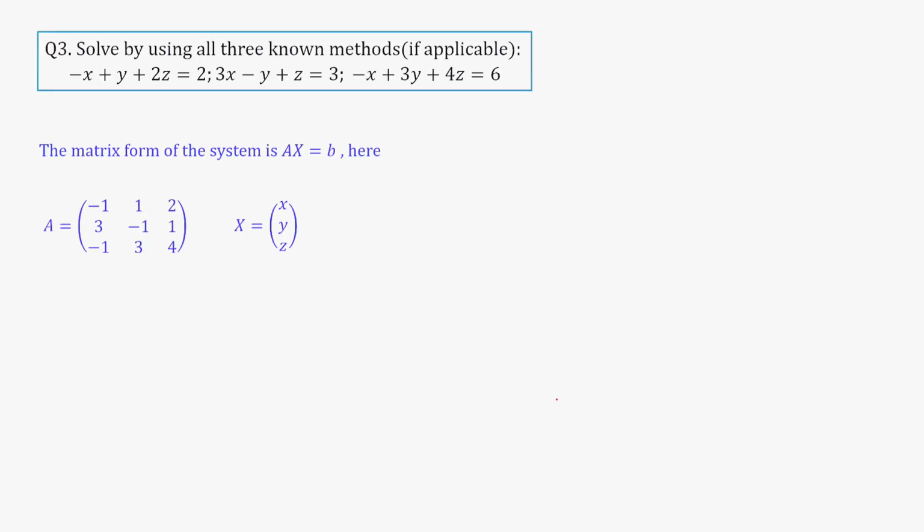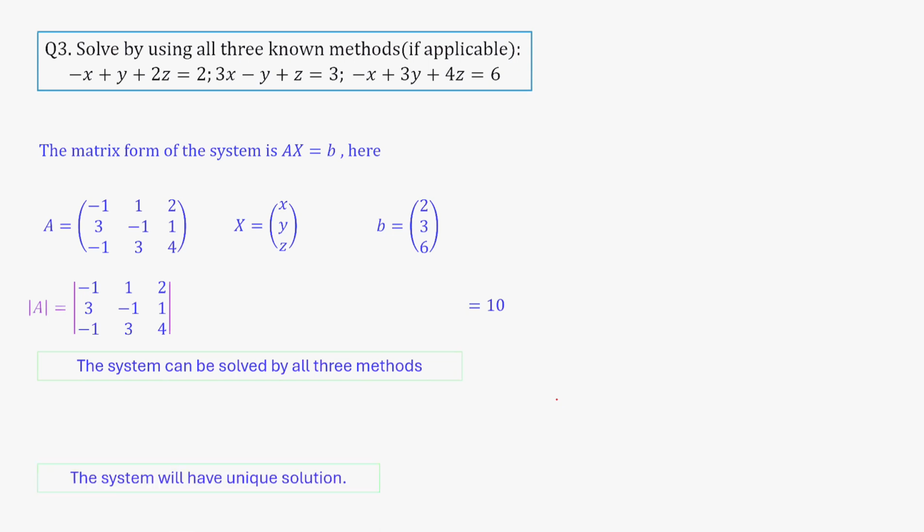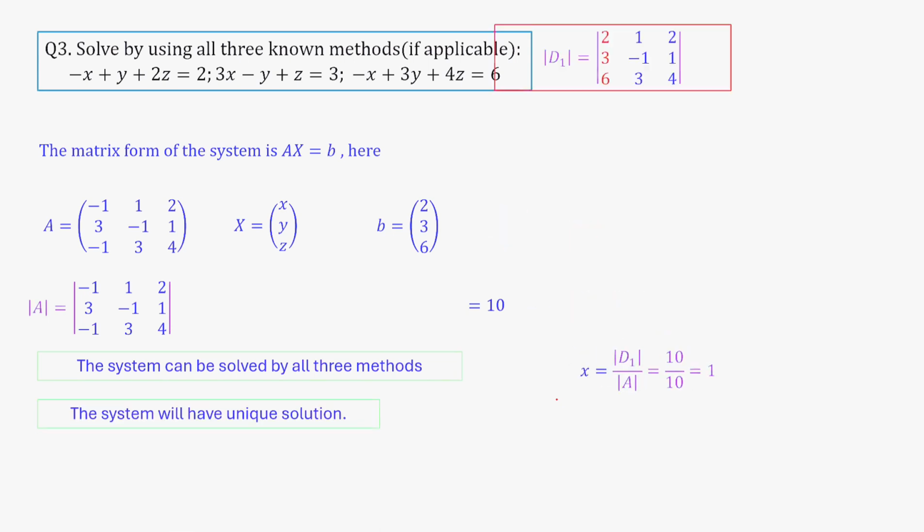Now next we will use Cramer's rule, and for that we will follow the same as previous, and then we calculate the determinant, which is 10, and as mentioned before, the system will have a unique solution. So now we will take D1.